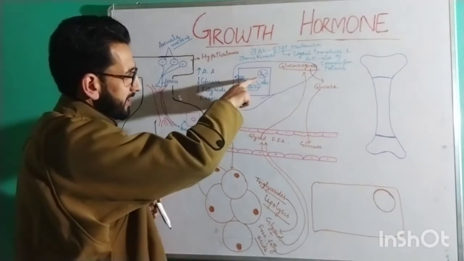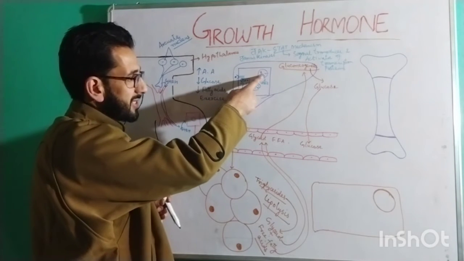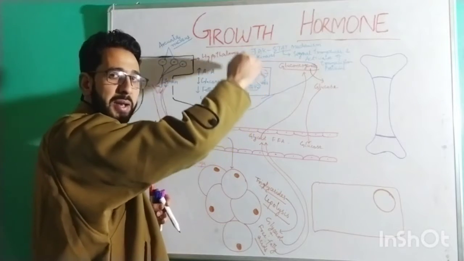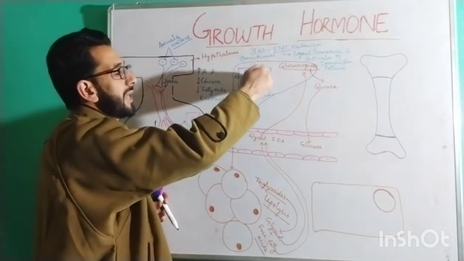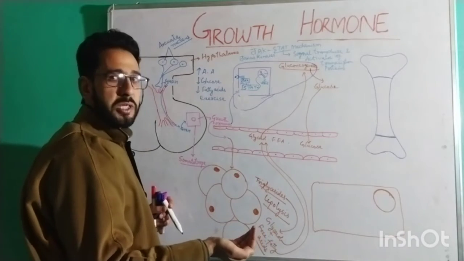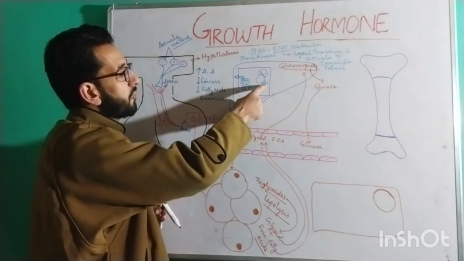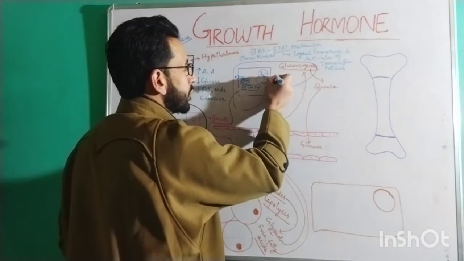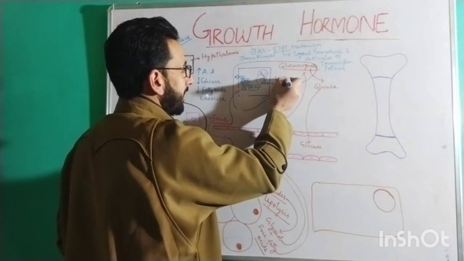That is, it acts on the specific genes inside the nucleus, there is transcription, then that mRNA comes out of the nucleus, and then that mRNA is translated into a protein. That is the process of translation, and we are forming that protein, and that protein is called insulin-like growth factor 1.